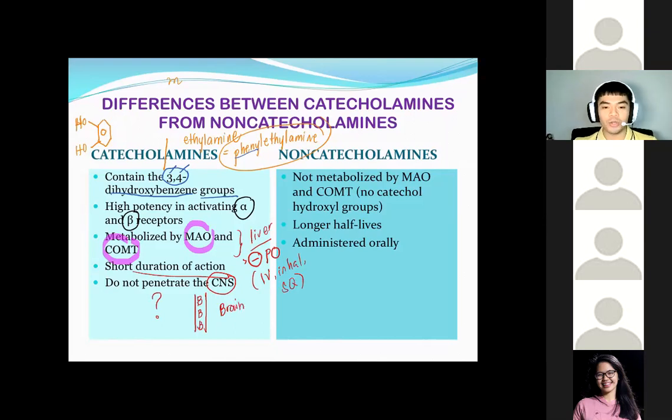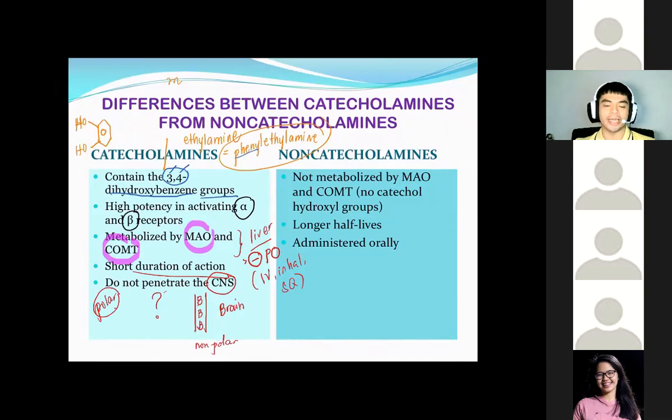However, ang catecholamines, hindi sila nakaka-pass through ng utak kasi ang catecholamines, they are polar. Ang blood-brain barrier ay non-polar. Hydrophobic ang blood-brain barrier eh. So hindi sila parehas, kaya the blood-brain barrier will not permit catecholamines to enter. Kaya they do not penetrate the brain.